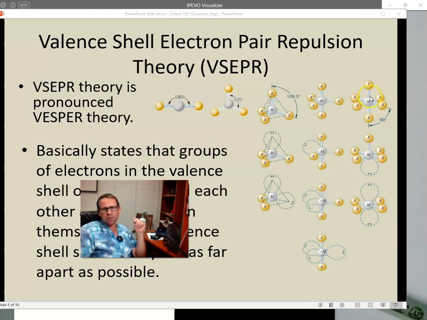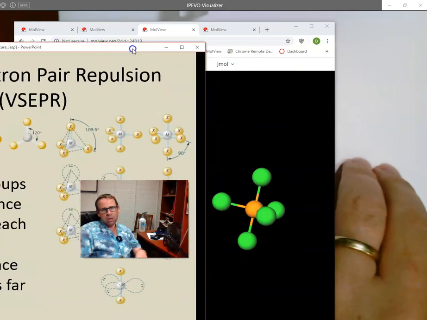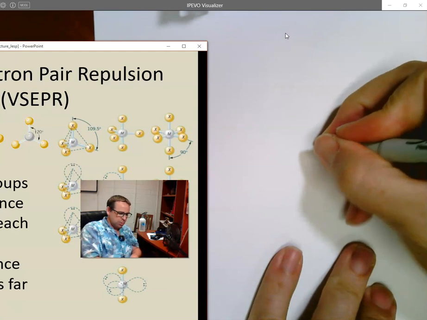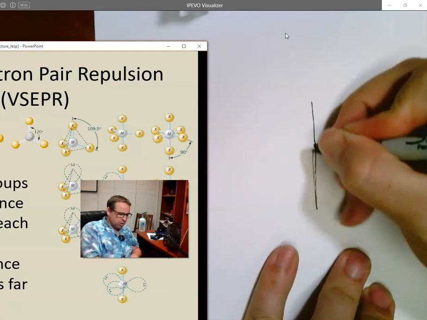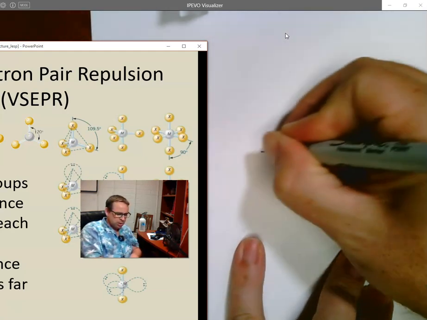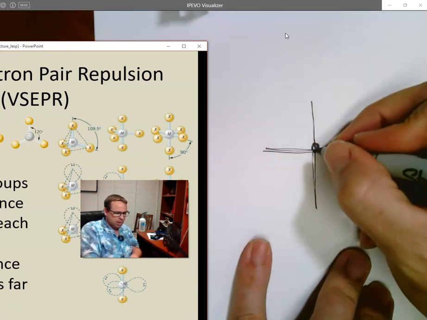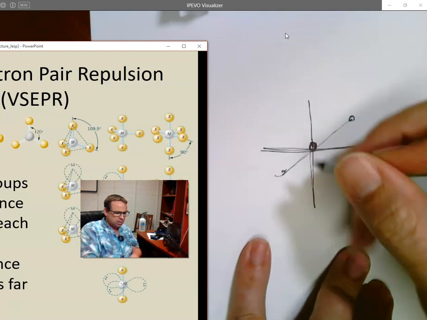All right? If we have a central atom with 6 regions of electron density, the resulting shape should have been called square bipyramidal, but instead they call it octahedral. Octa meaning 8. If you look at a drawing of this kind of molecule, central atom, 2 bonding units along the y plane, 2 along the x plane, and then 2 along the z plane, right?